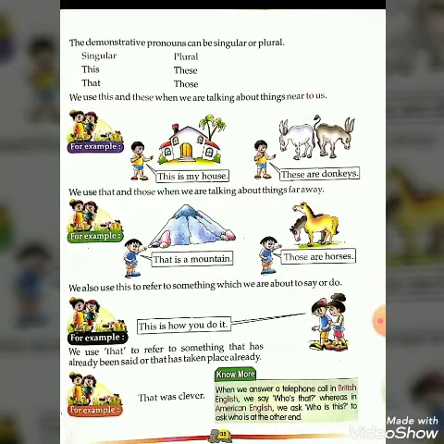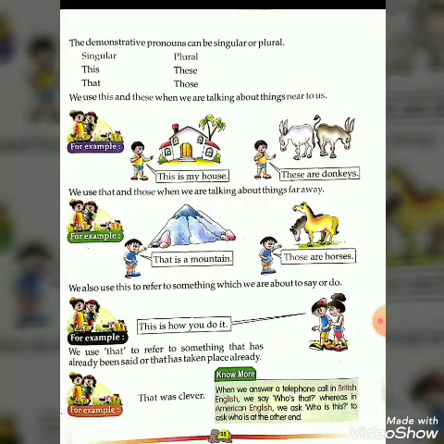But we use the word that to refer to something that has already been said or has taken place already. For example, that was clever. It refers to something that has already been said.